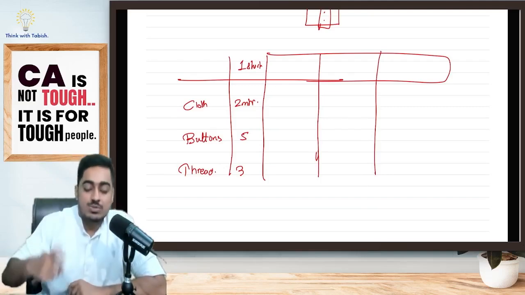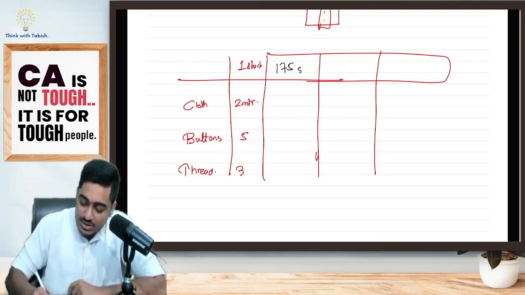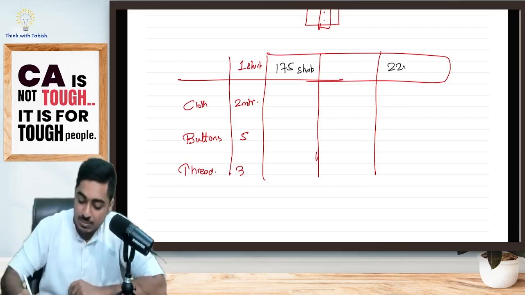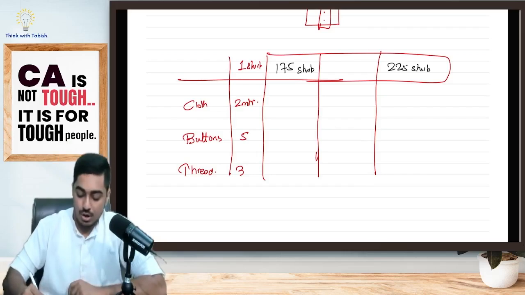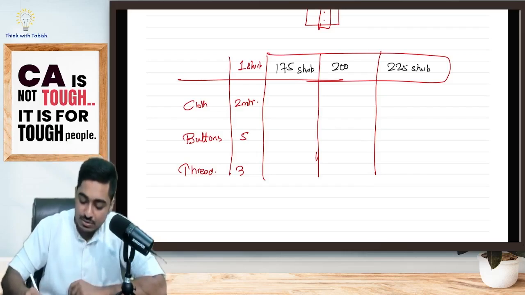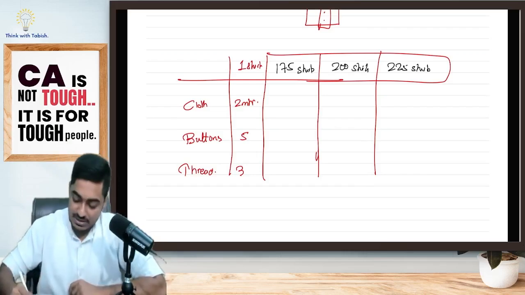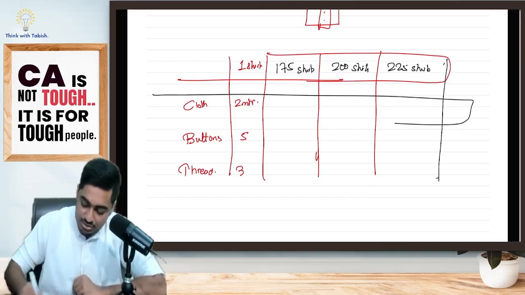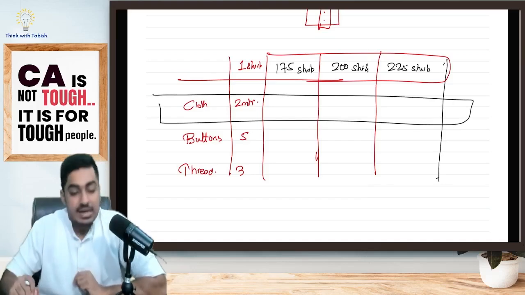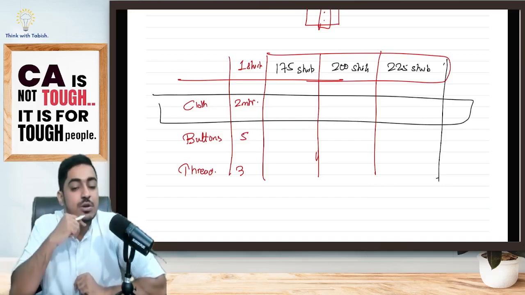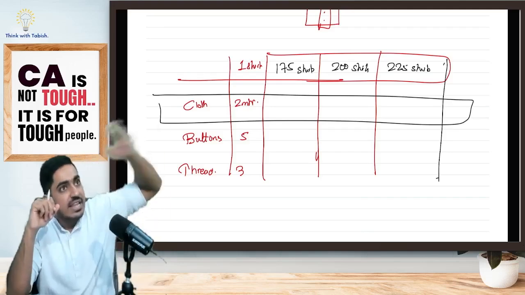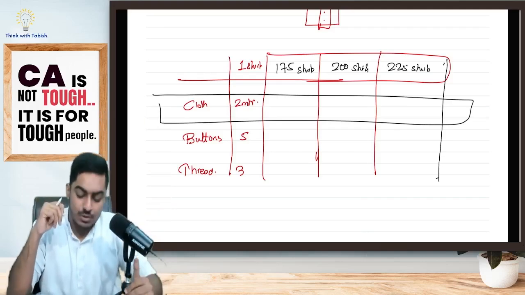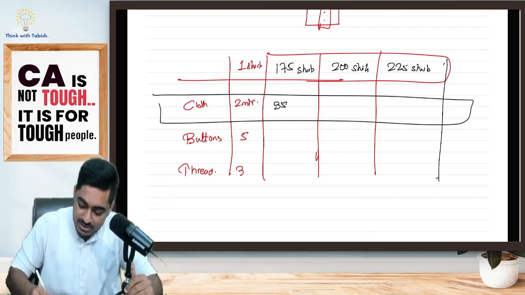In the next 1 week, how many shirts should I produce? Historically, bare minimum at least 175 shirts I have produced. Sometimes if customers' demand is more, maximum up to 225 shirts. On an average, 200 shirts. Now I want to find out the usage rate of different raw materials. Cloth is my raw material; for one shirt, 2 meters of cloth is needed. If I produce only 175 shirts, 175 into 2, 350 meters.